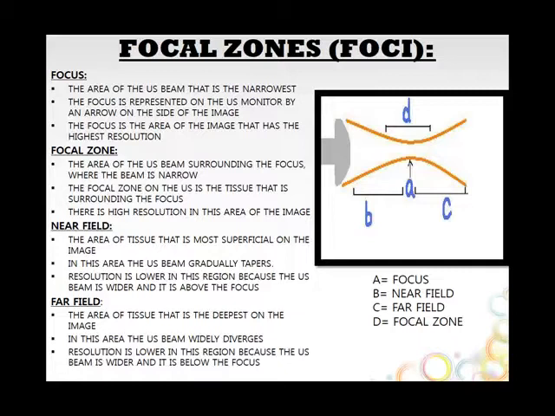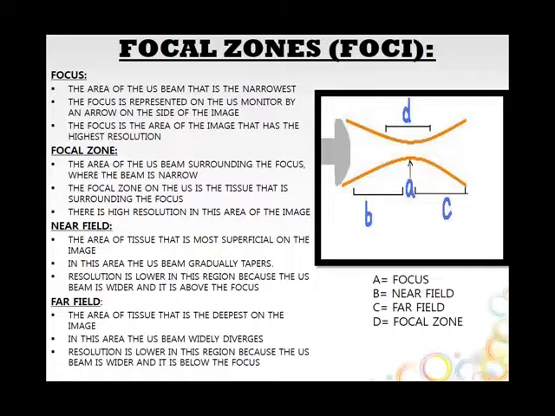The area closest in here, between your narrowest point and the transducer, we call this the near field. The area from the narrowest point to the end of the sound beam, wherever that is, we call that the far field. And the narrowest portion of our sound beam we call the focus.